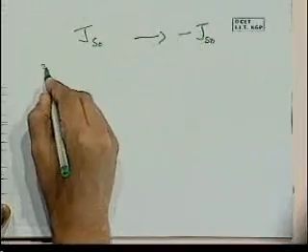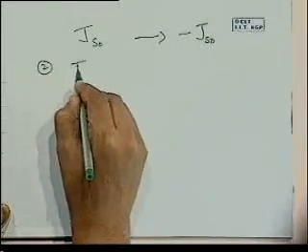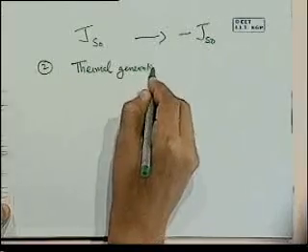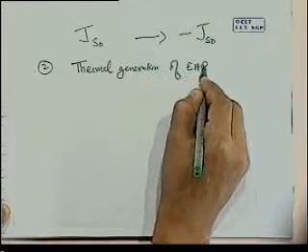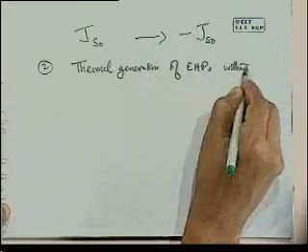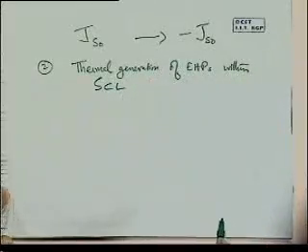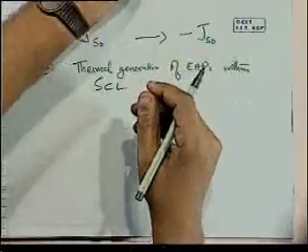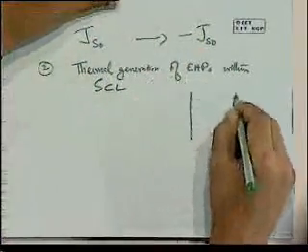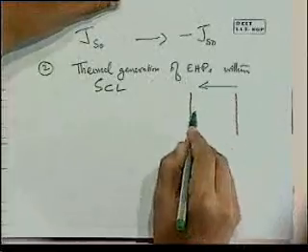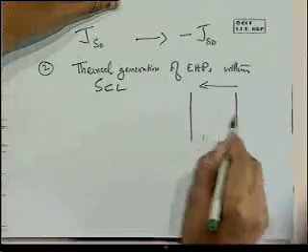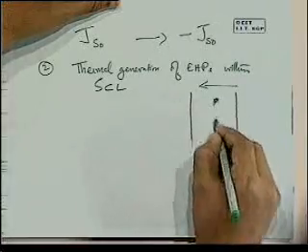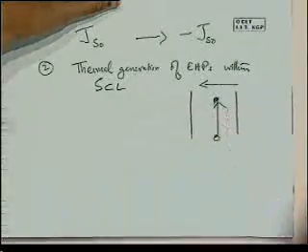In addition to that, the second reason why current will flow is that there is thermal generation of electron hole pairs within the space charge layer. When they are generated there, some bond is breaking due to thermal energy. Because in the space charge layer there is a built-in field, that will separate out the two carriers, the electrons and the holes that were generated thermally.